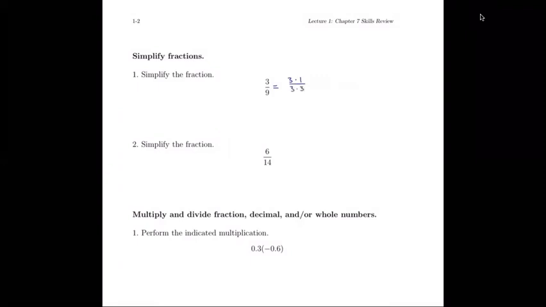So any common factors from a number in a numerator to a number in a denominator, in this case, 3 and 3, can cancel. They'll divide each other out, and that becomes 1 and 1 right here. So we have 1 times 1 in the numerator over 1 times 3 in the denominator.